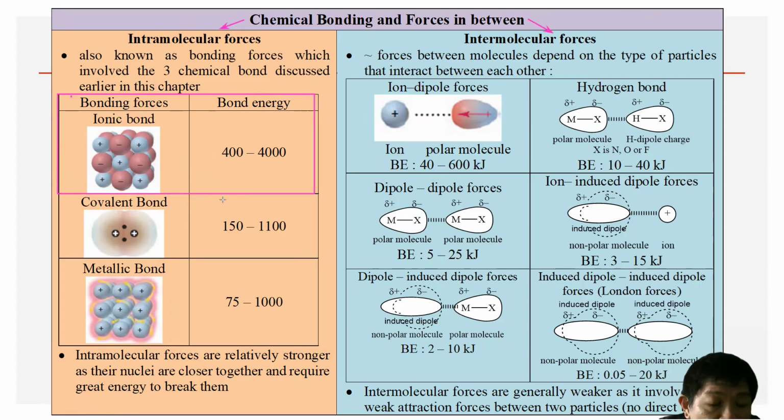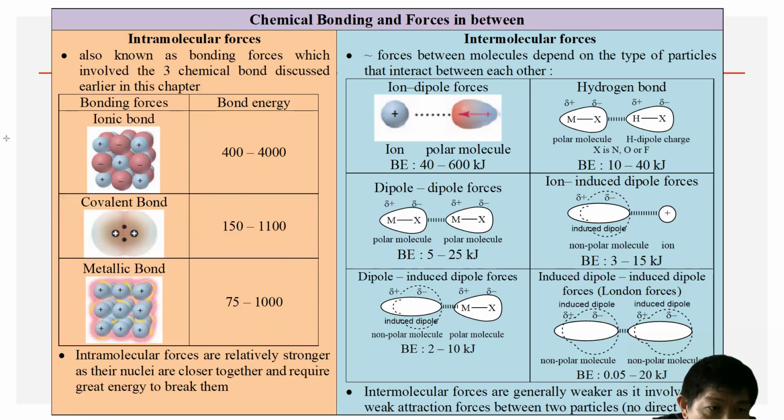Then we have the covalent bond, which is relatively strong, and the metallic bond, which is not so strong, but all of them possess generally high bond energy. This is the first type of force, which is intramolecular forces.